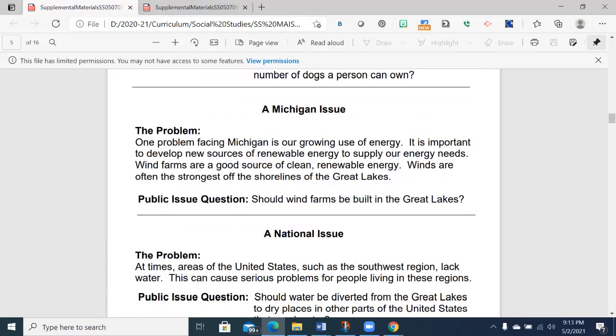And the public issue question would be, should wind farms be built in the Great Lakes? And this is one where you could find a lot of strong opinions. If you drive out in the country, you almost assuredly will see some kinds of signs related to this. You drive to our south, you can see some examples of wind farms just south of Shepherd, moving towards Ithaca.